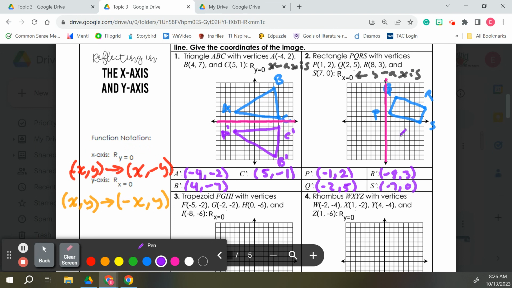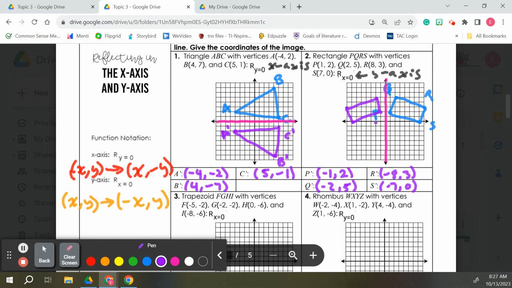Now I'm going to plot these points and make sure I did them correctly. So -1 up 2, -2 up 5, let's see, -8 up 3, and -7, 0. So here is the shape.